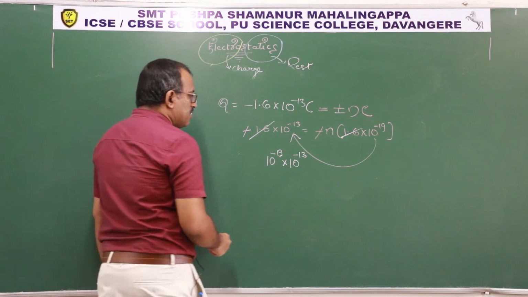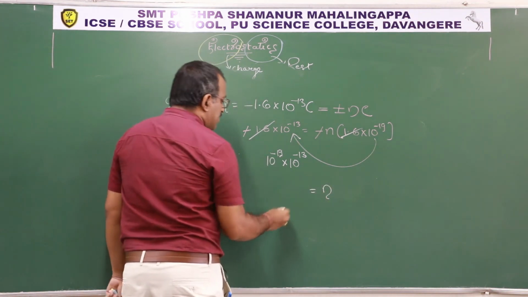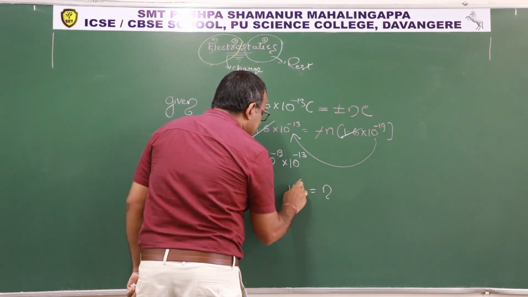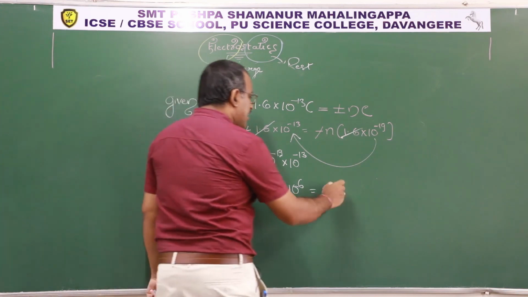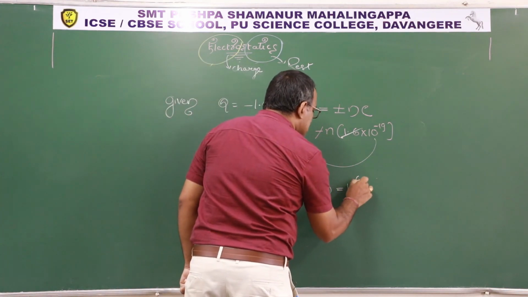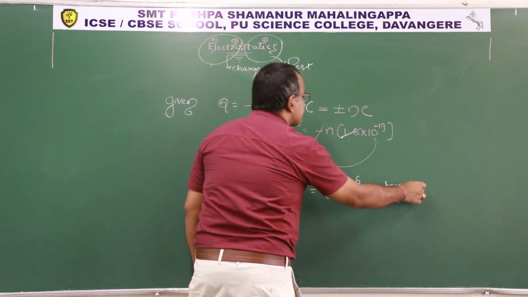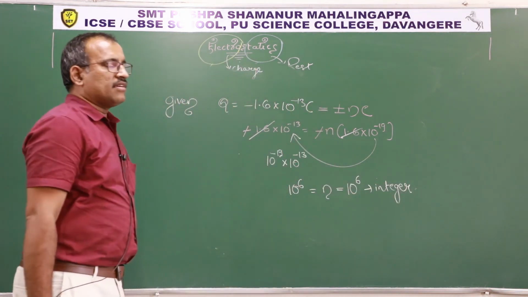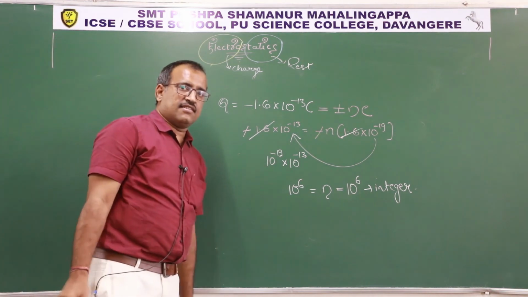Now what is left? n. What is left? 10 power 6. So n is equal to 10 power 6, an integer without any decimal. Please try to understand.